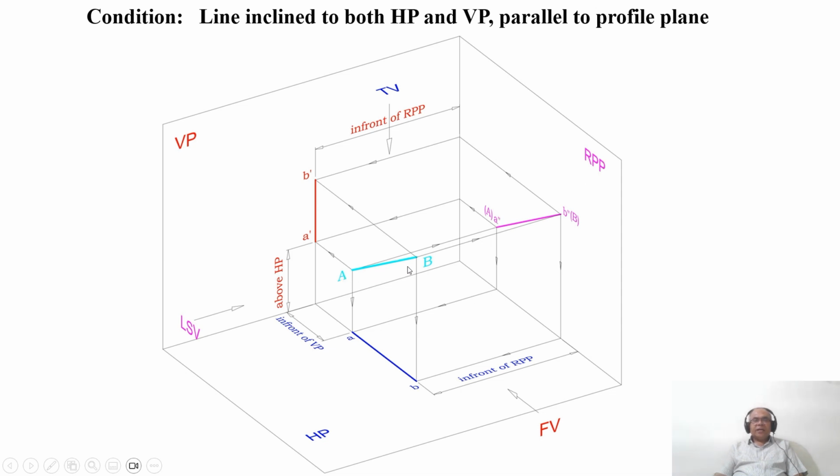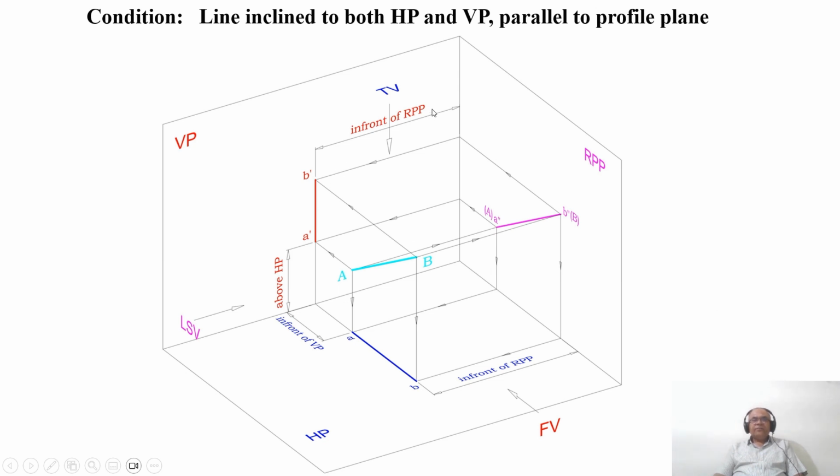Both the points, capital A and capital B, are equidistant from the profile plane. That is, from this point to this point and also from this point to this point. These two endpoints are equidistant from the profile plane. How will I be able to check the distance with respect to the profile plane? It is always seen in VP as well as in HP.